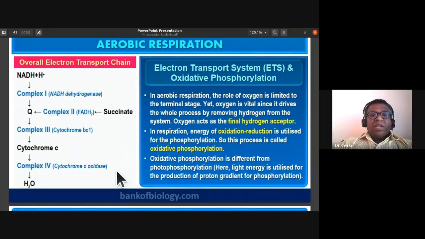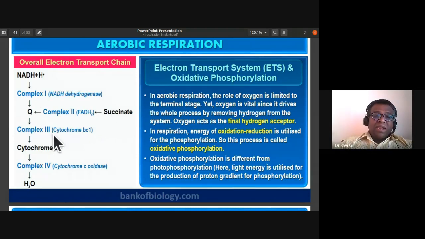Overall, you can write the electron transport system simply. NADH plus H plus is oxidized in complex 1, that is NADH dehydrogenase. The electrons are carried by the quinone to complex 2, FADH2, which is obtained from succinate.